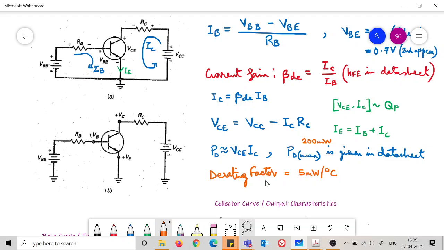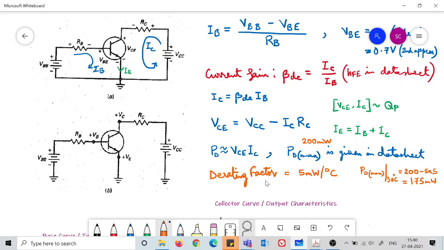When it is 30 degrees centigrade, there is a temperature difference of 5 degrees from the nominal. So the PD max at 30 degrees centigrade would be 200 minus 5 into 5. Yes, 175 milliwatt.